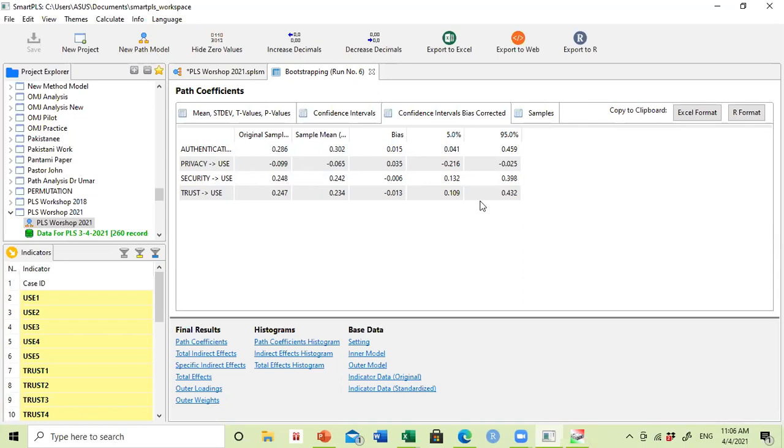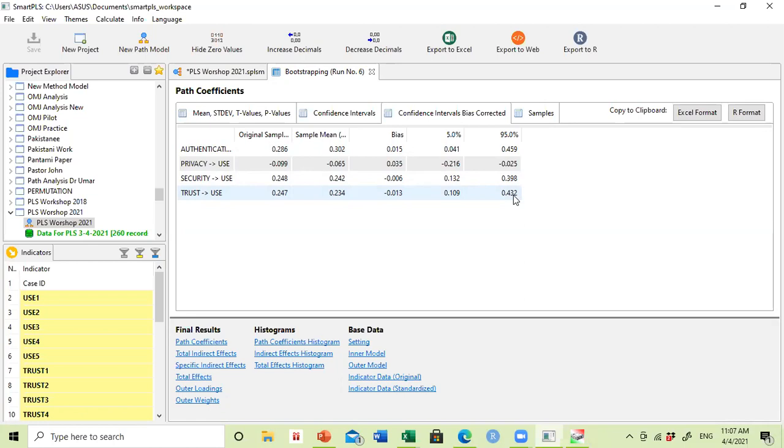In this case, for 5% and 95%, security is positive, positive. Trust is positive, positive. Privacy we just forget, because it's already not significant, so we don't care whether the bias correction is okay or not.